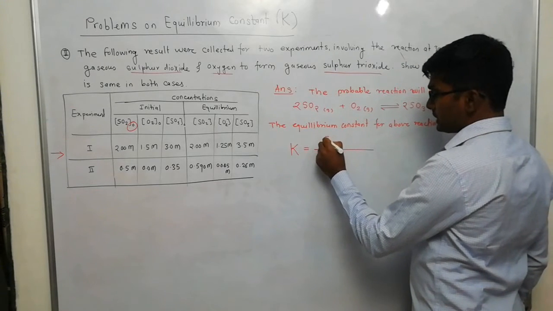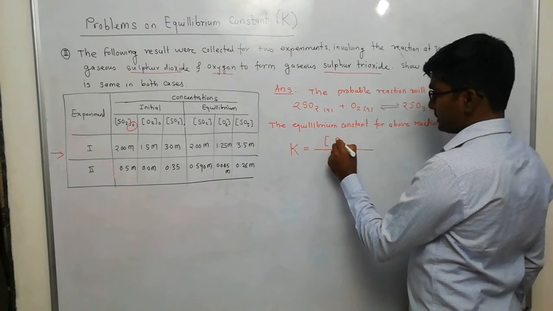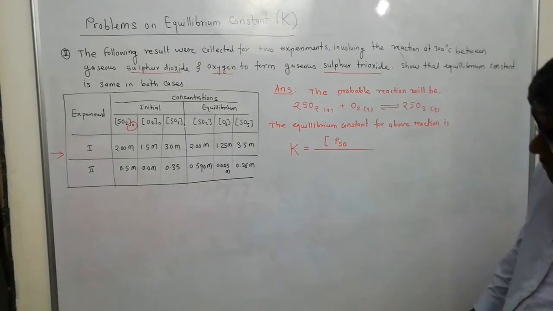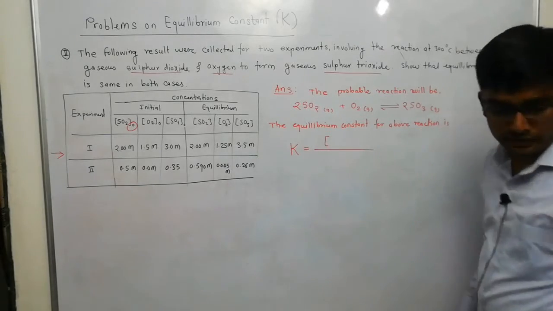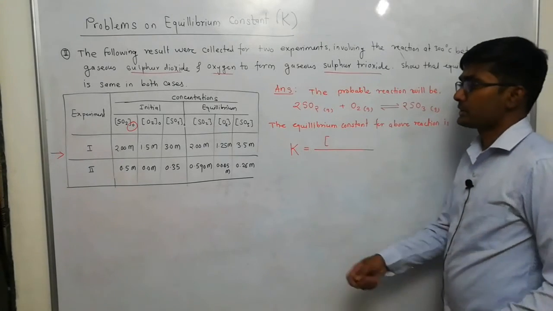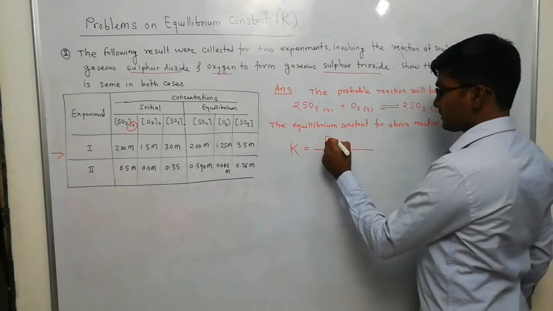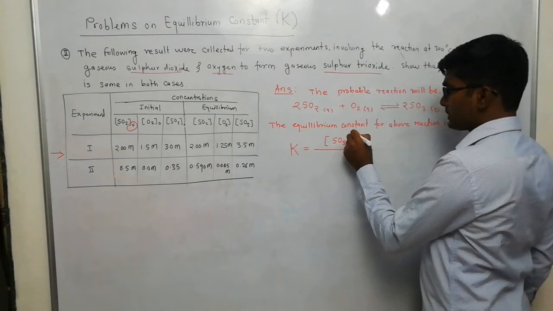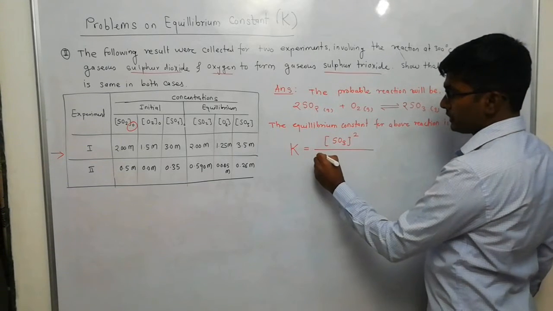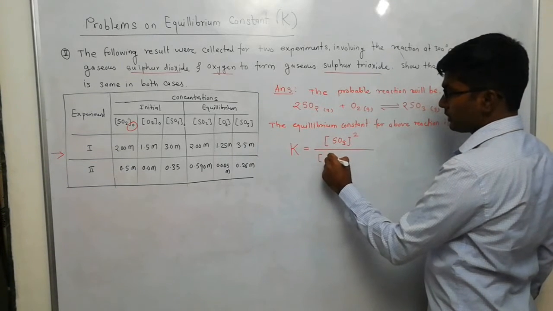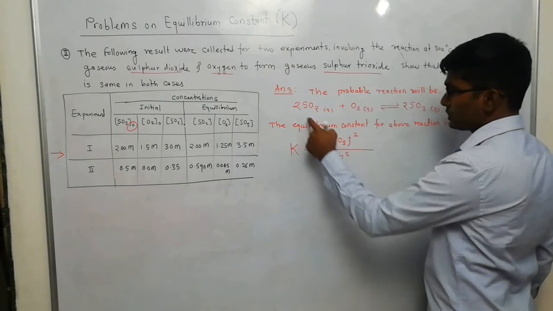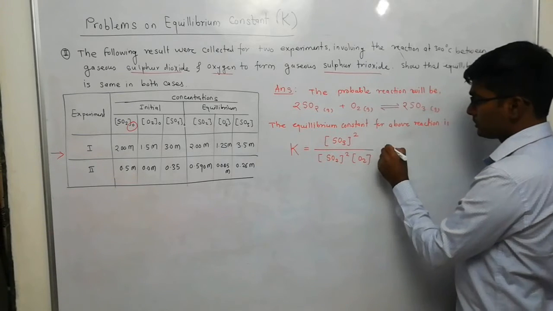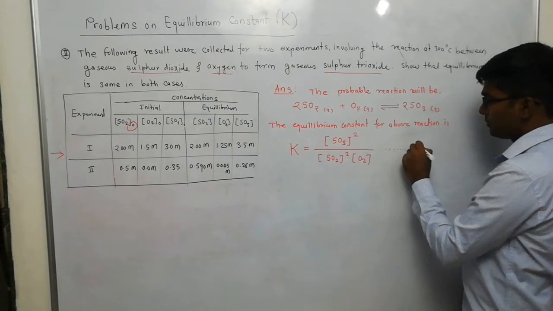This reaction is in the gaseous state, so we can simply write SO3, not partial pressure, because concentration is given here in molar terms. So the concentration of sulfur trioxide, the product, with stoichiometric coefficient 2, divided by the concentration of SO2 with stoichiometric coefficient 2, and oxygen with coefficient 1. This is reaction number 1.